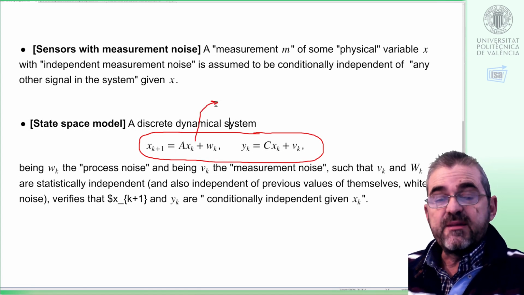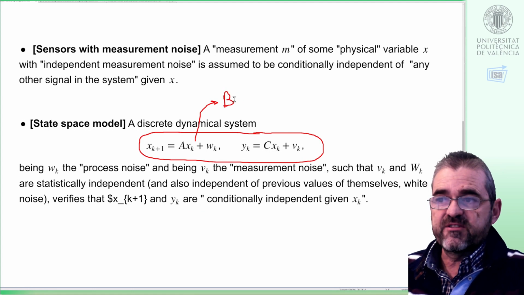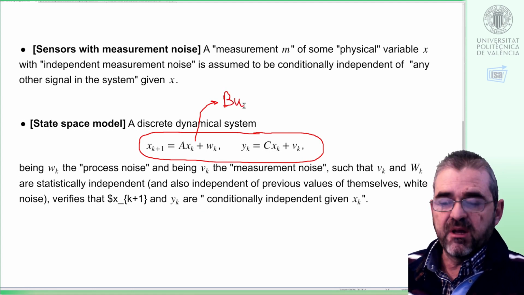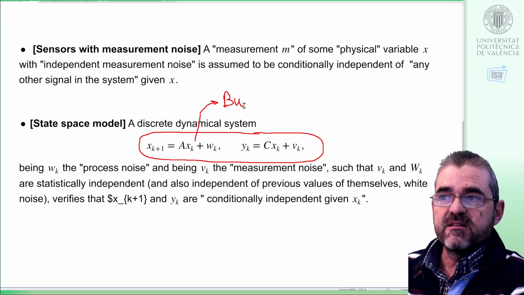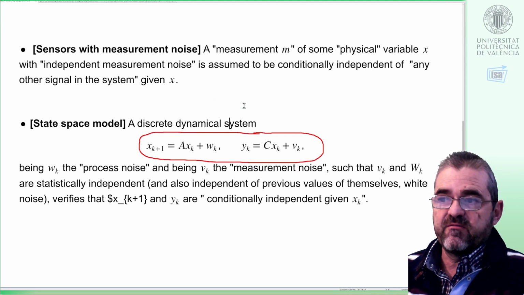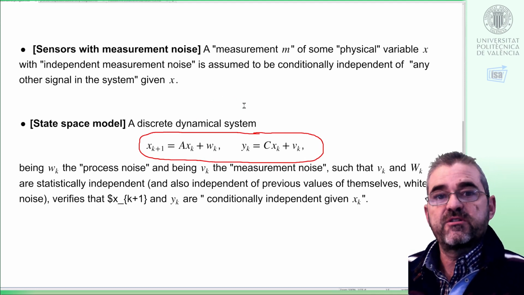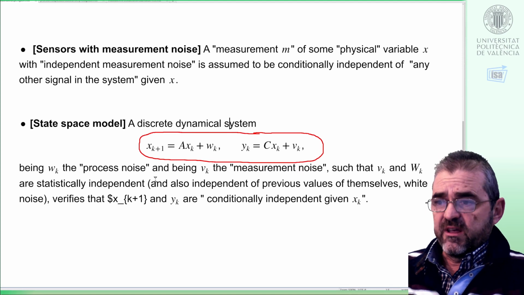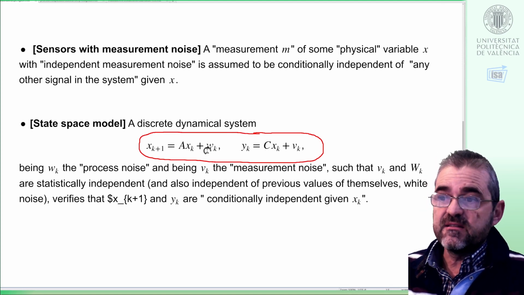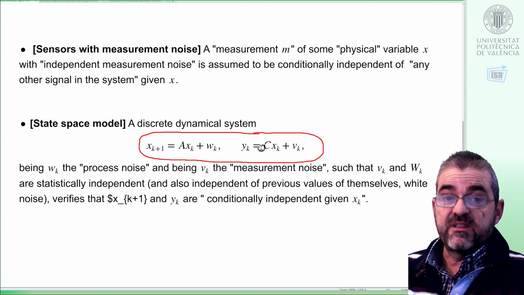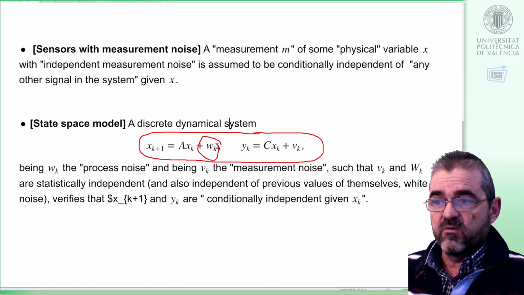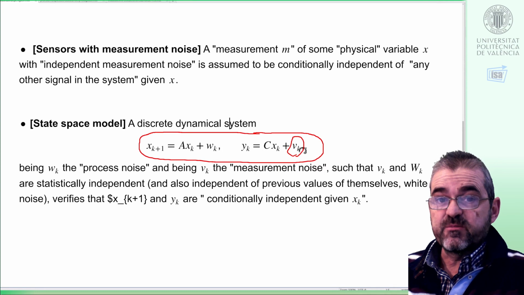When we have manipulated variables for control, we have something like B, U, but as they are deterministic, we'll just omit them from the statistical considerations. So we have an evolution of the state in time and measurement equations. So this will be process noise, and this thing will be measurement noise.